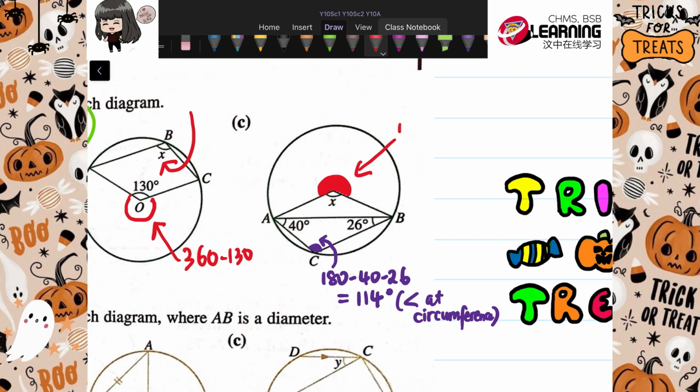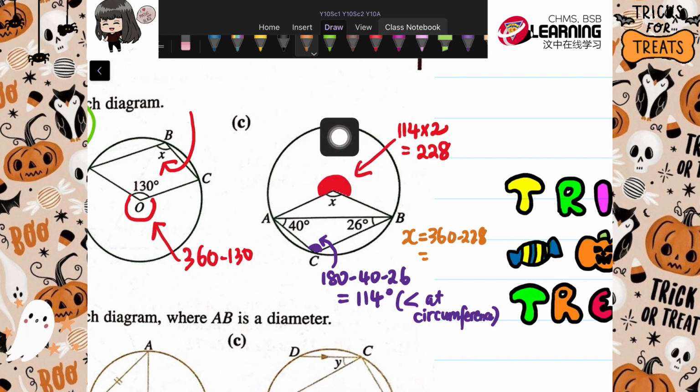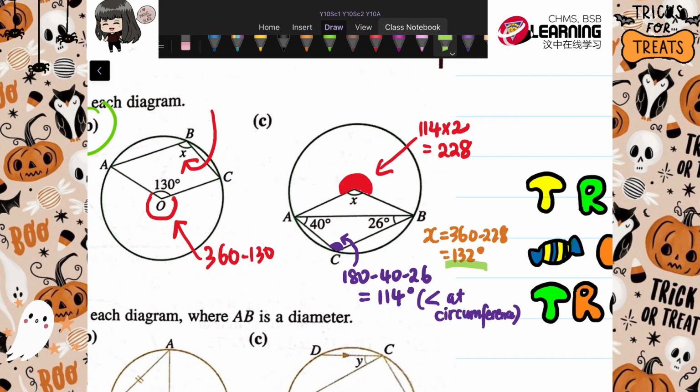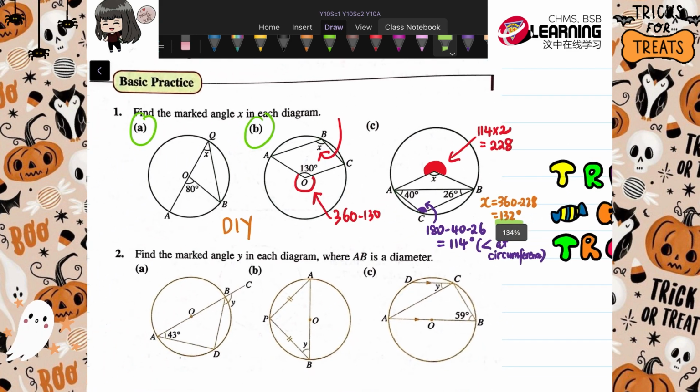So 114 times 2 is 228. To find X, it will be 360 minus 228, and you will get 132. So this is the answer. You write it in a neat way. This one, I wrote down not very neat. Write it in a proper way. So I've taught you how to do C.